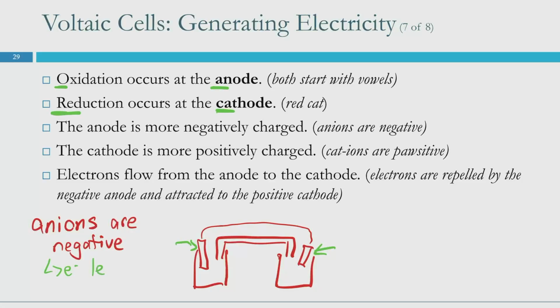So our electrons leave, and that is oxidation. So if our electrons are flowing left to right here, then this left electrode would be our anode. And our cathode is where our reduction is occurring. We're gaining electrons. So our right electrode here would be our cathode.